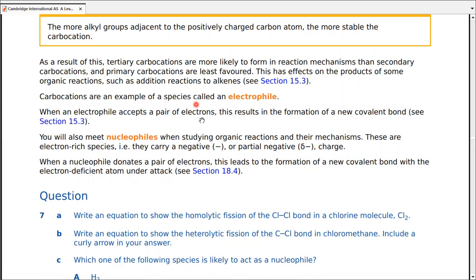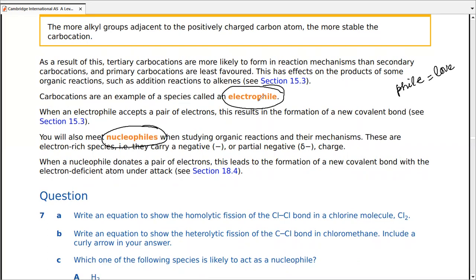All right. So carbocations are actually species that we call electrophiles. Now we are going to divide species into two broad categories, electrophiles and nucleophiles. The word phile itself means love, right? So electrophile means electron loving, and nucleophile means nucleus loving. Nucleus, because of the protons, the positive charge.